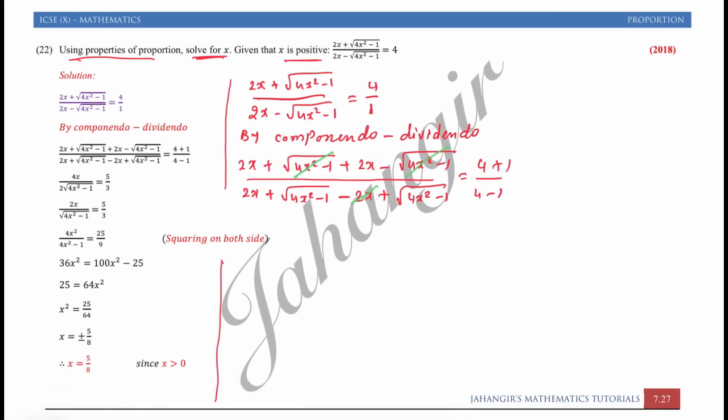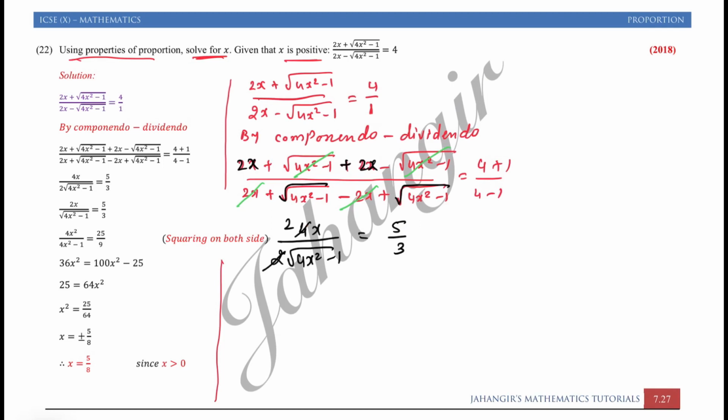Cancelling these terms, 2x plus 2x, that is 4x; root of 4x square minus 1 plus root of 4x square minus 1, that is 2 root of 4x square minus 1. 4 plus 1, 5 upon 3. I can cancel 2 ones are 2, 2 twos are.